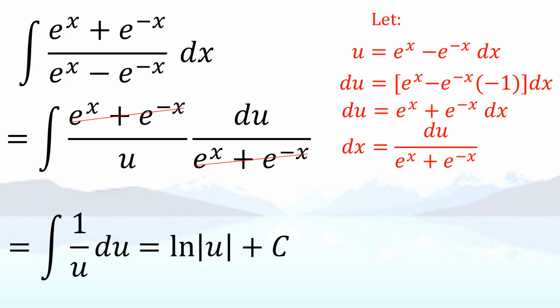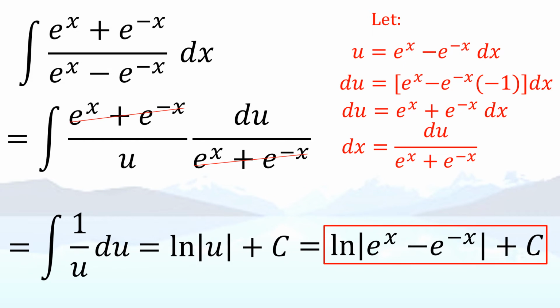So from here, it is equal to ln the absolute value of u plus c. And then substituting the value for u, the final answer would be ln the absolute value of e to the x minus e to the negative x plus c.